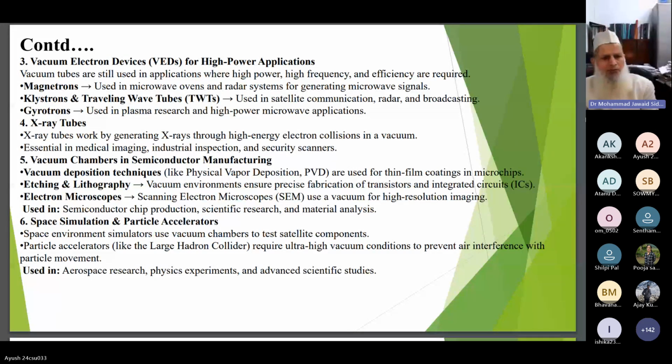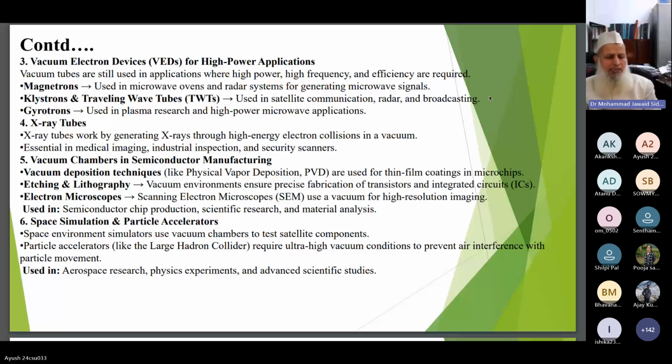Gyrotrons, X-ray tubes. X-ray tubes work by generating rays through high energy electron oscillations in a vacuum, essential in medical imaging, industrial inspection, and security scanners. Vacuum chambers in semiconductor manufacturing are very popular in various integrated circuit fabrications.